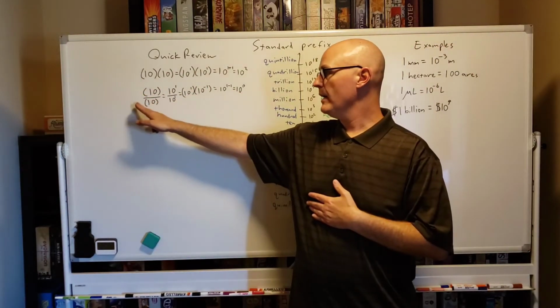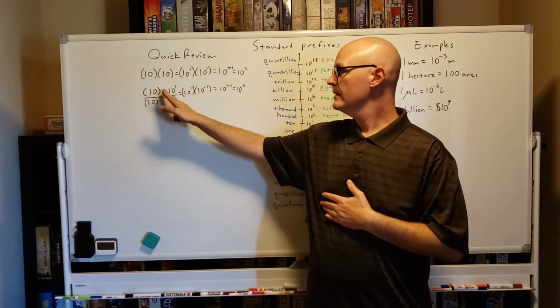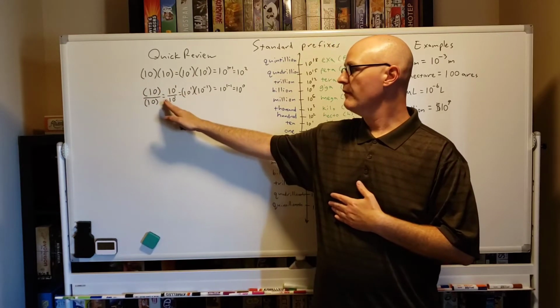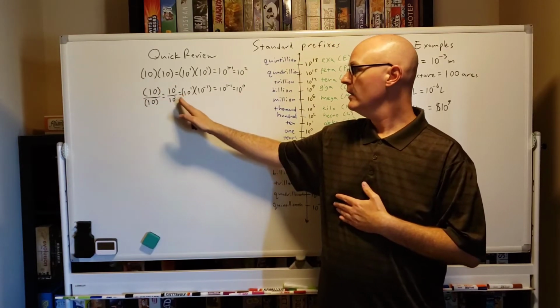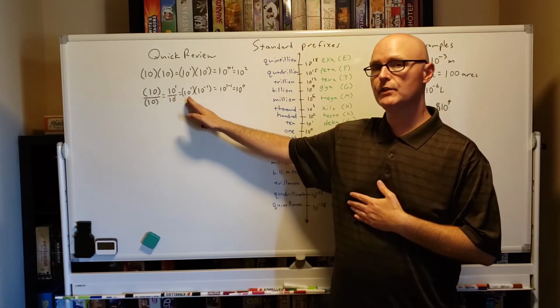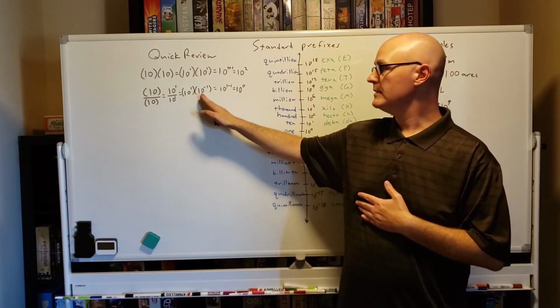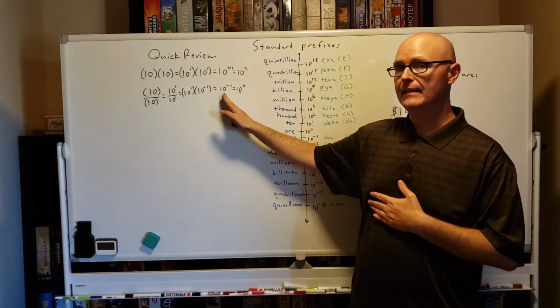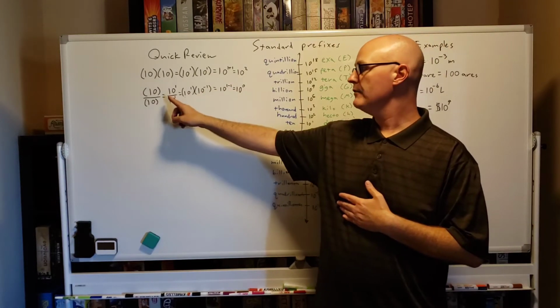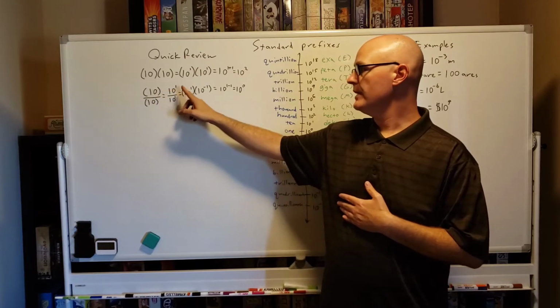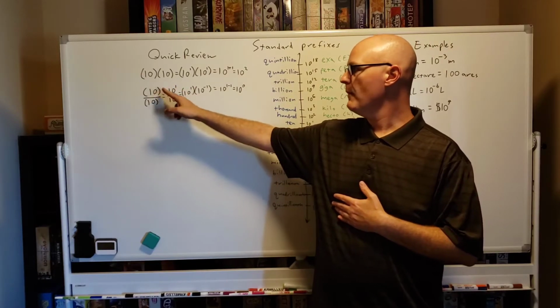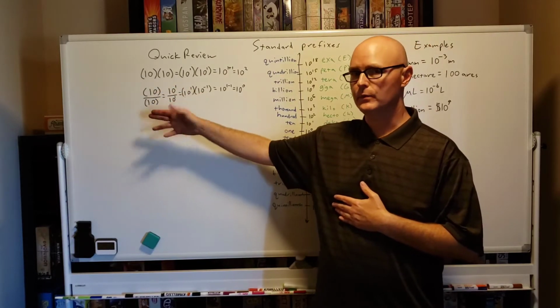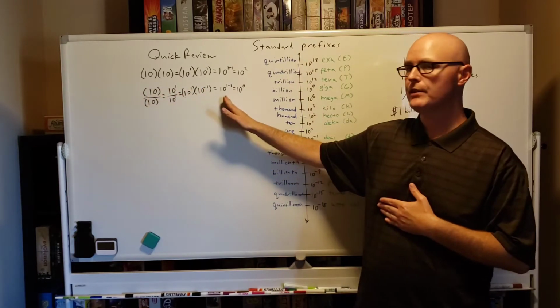If I divide 10 by 10, that's exactly the same as 10 to the 1 divided by 10 to the 1, which is the same as multiplying 10 to the 1 times 10 to the minus 1, which allows me to add these exponents. I could have just said 10 to the 1 minus 1. I could have used the divisor rule for exponents, but I chose to use the multiplication rule.